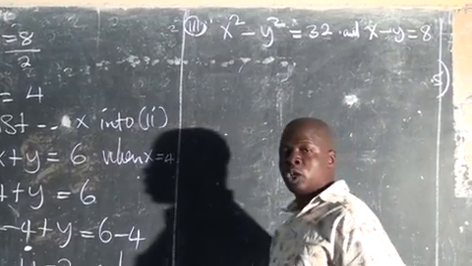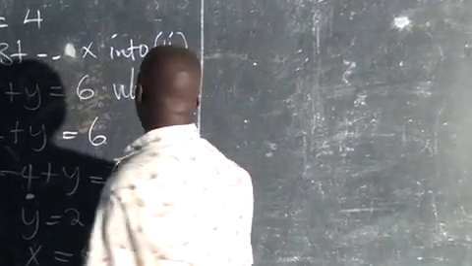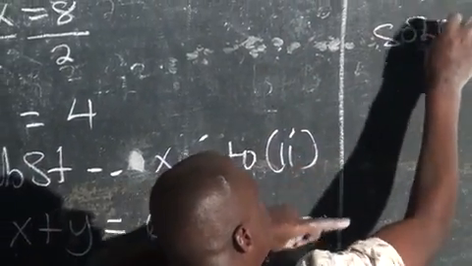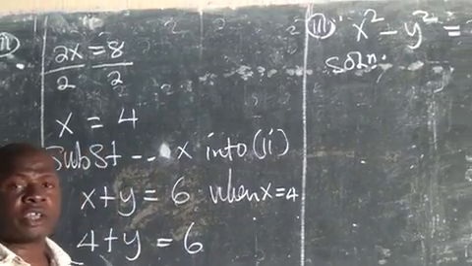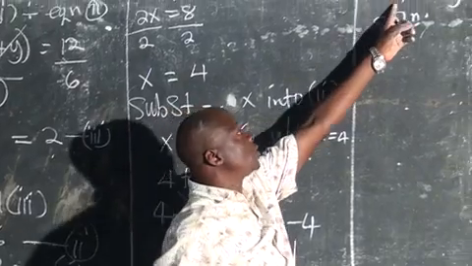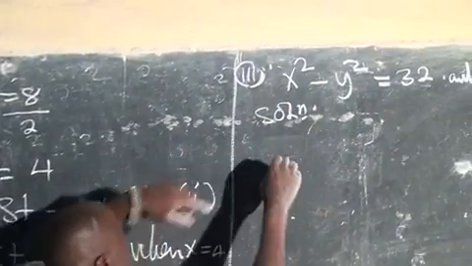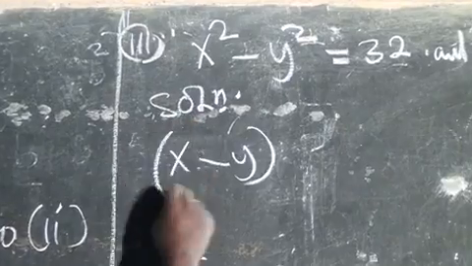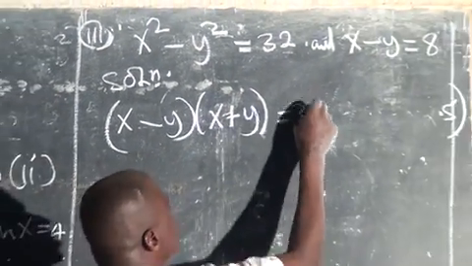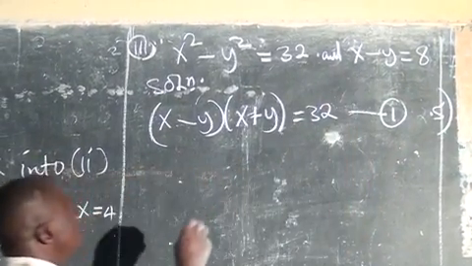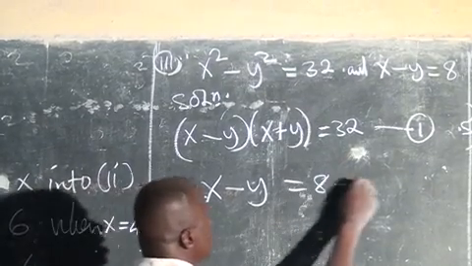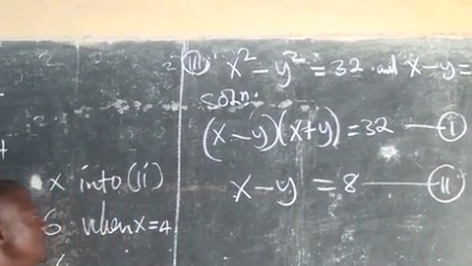We are supposed to solve for x and y, but we see that it calls for application of difference of two squares, whereby x squared minus y squared is (x minus y)(x plus y) equal to 32, equation 1. We have x minus y equal to 8, equation 2.